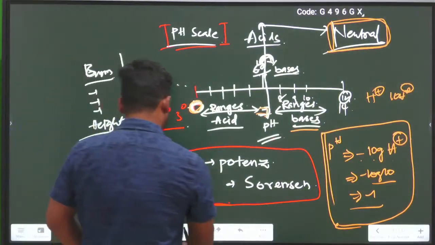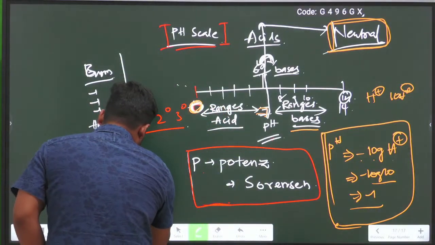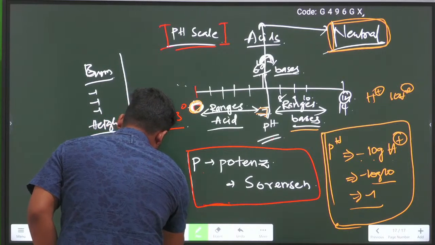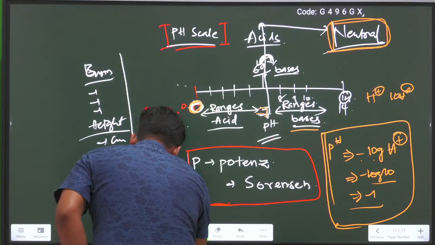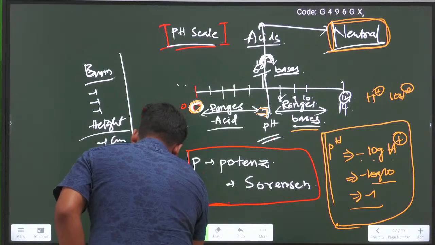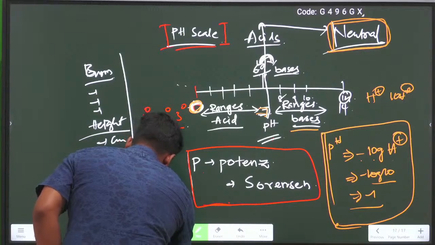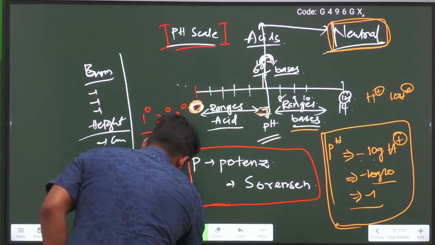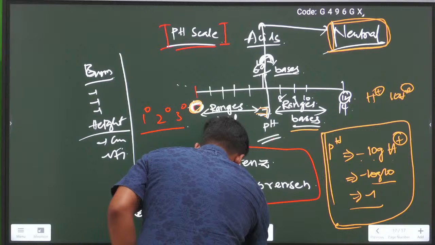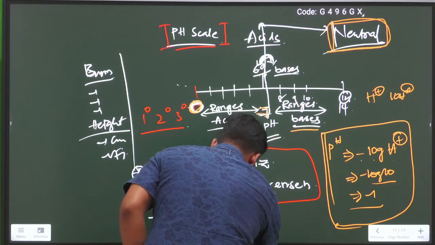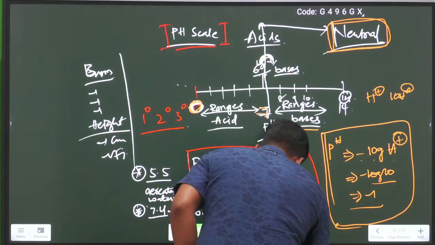Now let us discuss some pH values we discussed earlier. If you have 5.5 pH, this is the pH of aerated water. If you have a pH of 7.4, this is blood pH, the pH of blood in our body. Next example, if the pH is 5.6, then it is the pH of rainwater.